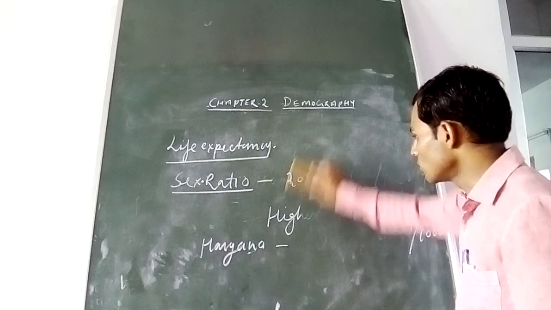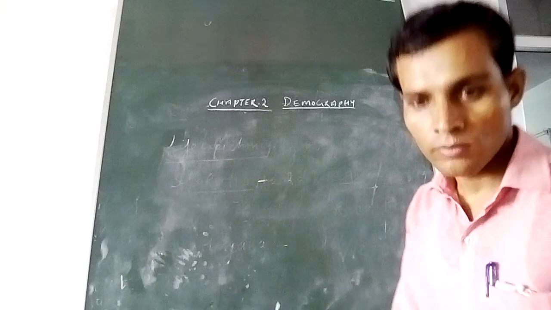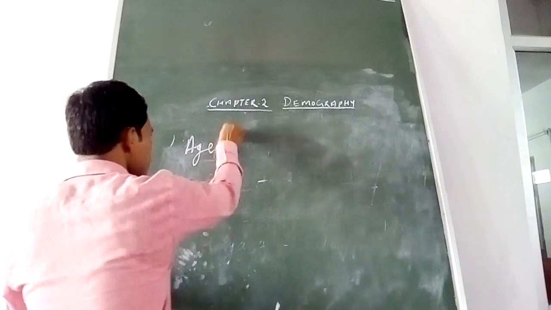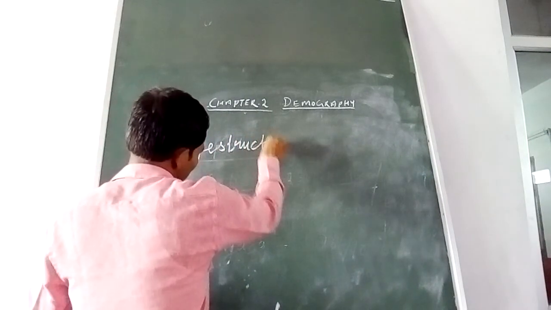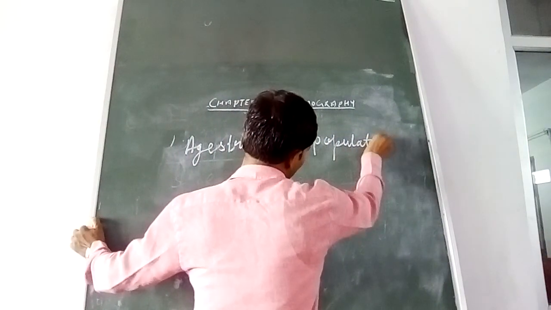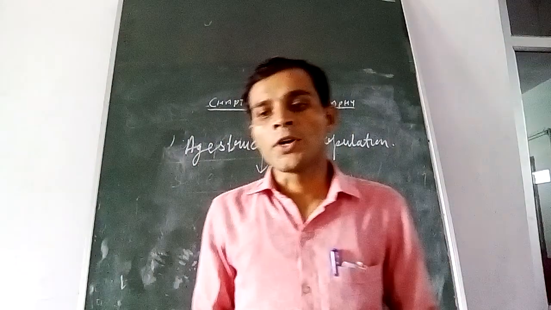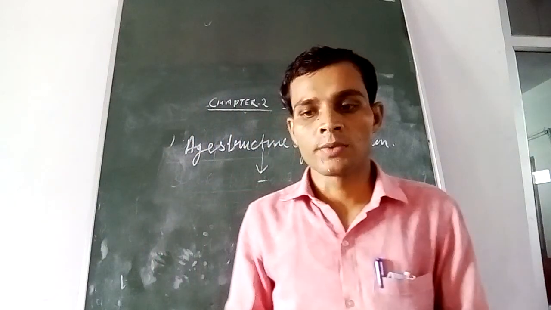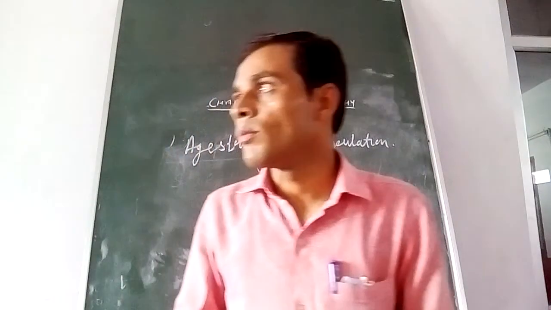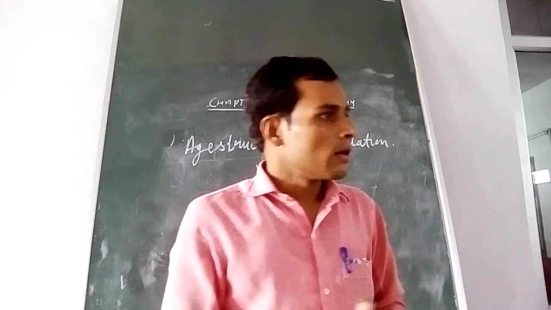Age structure refers to the proportion of persons in different age groups relative to the total population. Here we study according to the age group of the people separately.